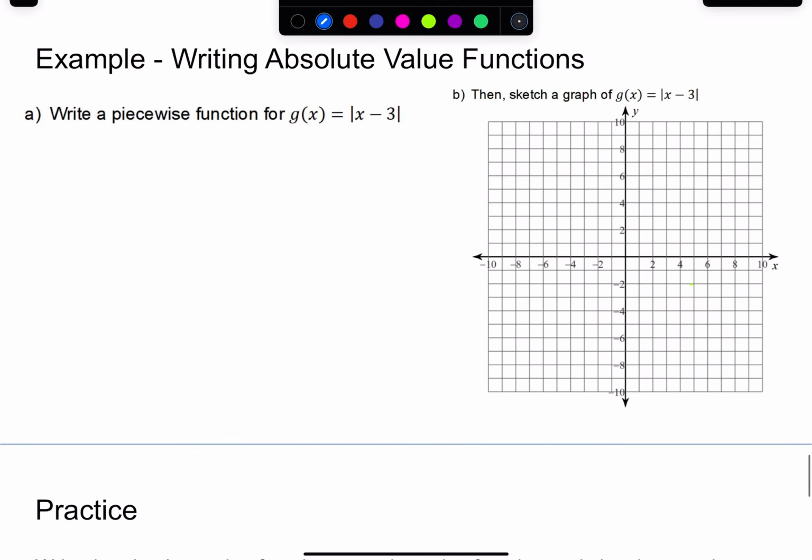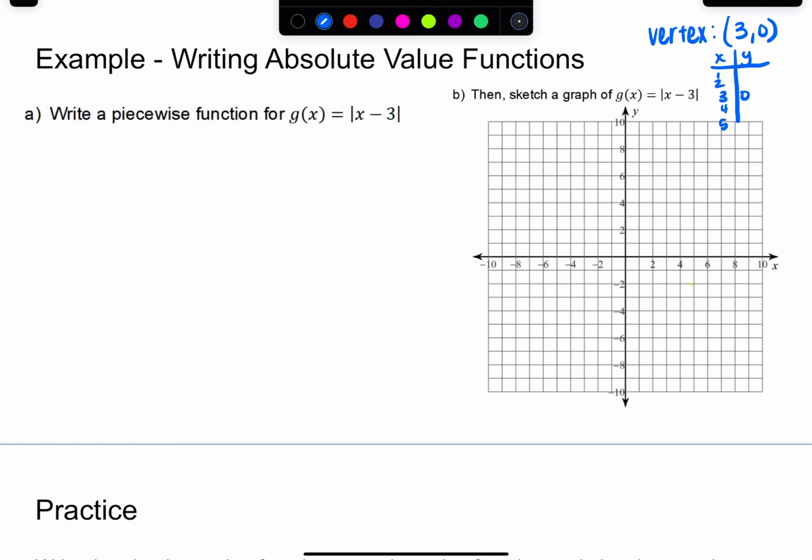All right. So for our example, we're actually going to do it backwards. We're going to start with the graph and then write the function. So I am just doing what I did in 1.6. So I'm finding my vertex. For this one, that's going to be at the point 3, 0. And then I'm using a table to find my other values.